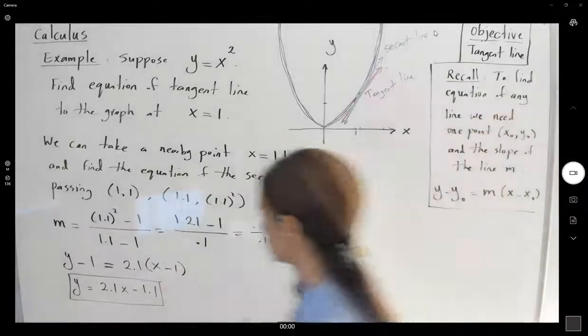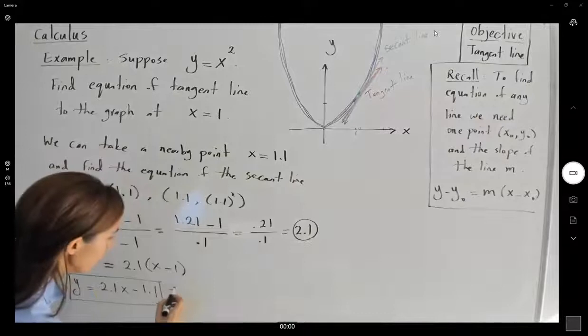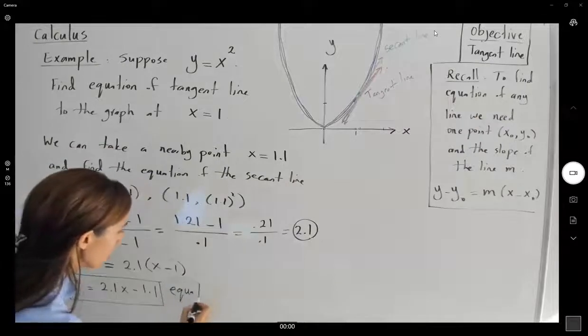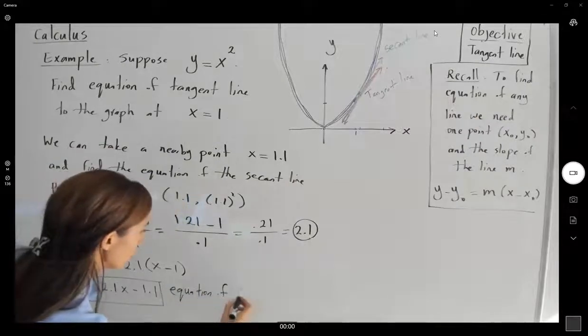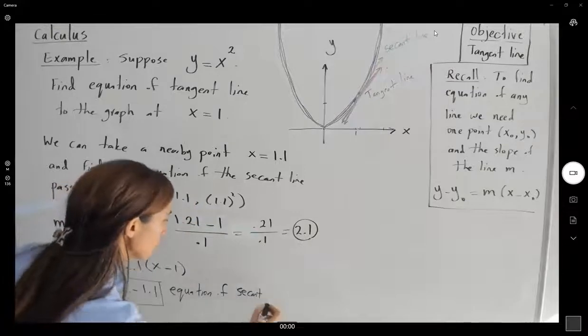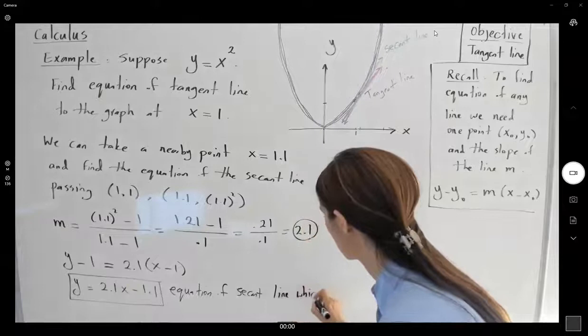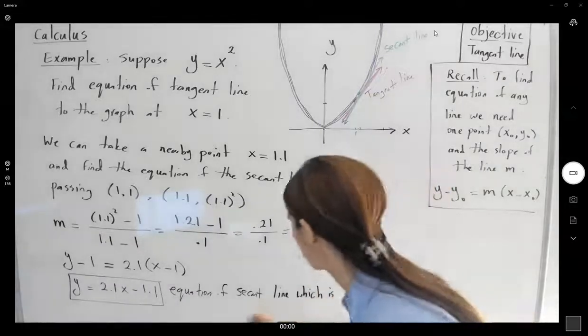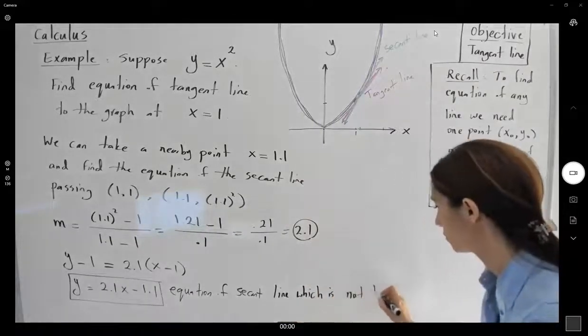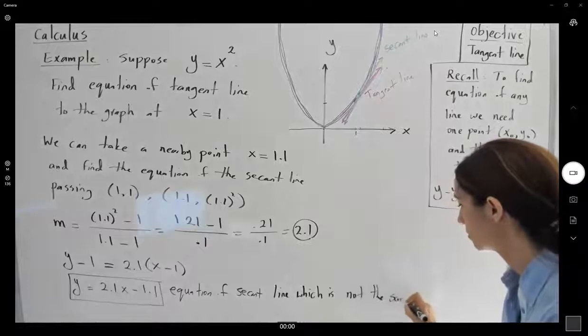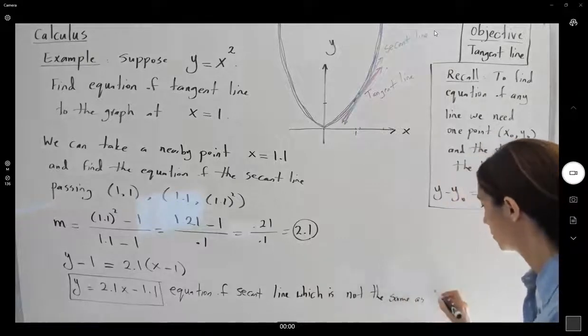So we found equation of secant line, which is not the same as tangent.